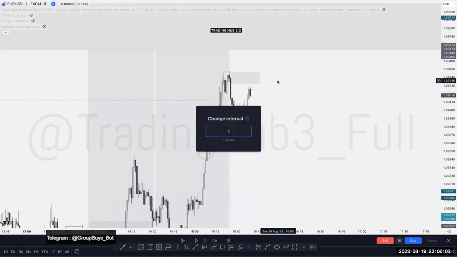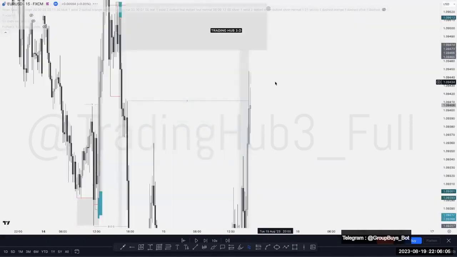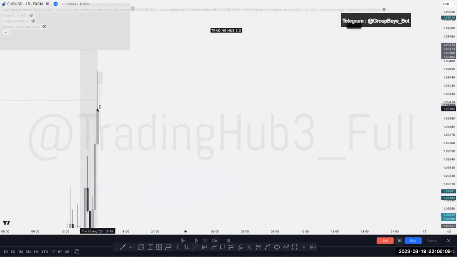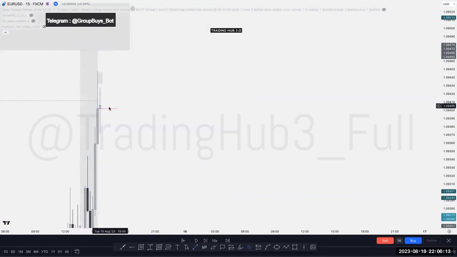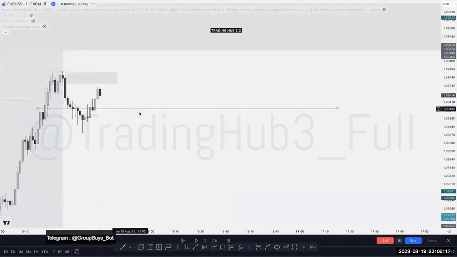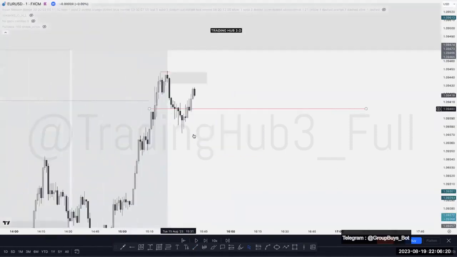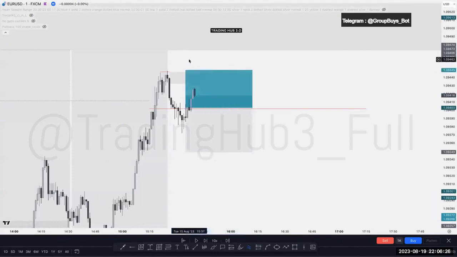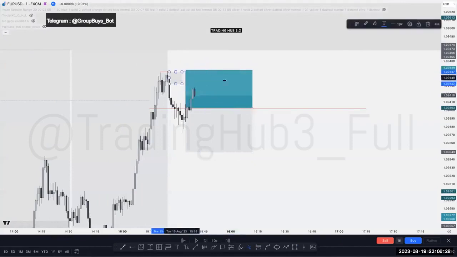And if I switch here to a 15-minute time frame to see exactly where this one is, it means if price mitigates this shadow, which is also fine, you can enter here based on 1 minute structure confirmation. It means here at this point, but put the stop loss just above it, and the refined entry here.